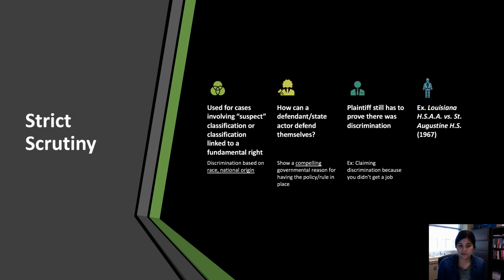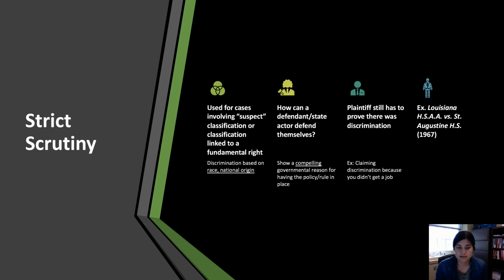So essentially we said strict scrutiny is the highest level of scrutiny that a court can apply or view a case through. Basically, cases involving strict scrutiny involve what we call a suspect classification or a classification linked to a fundamental right.